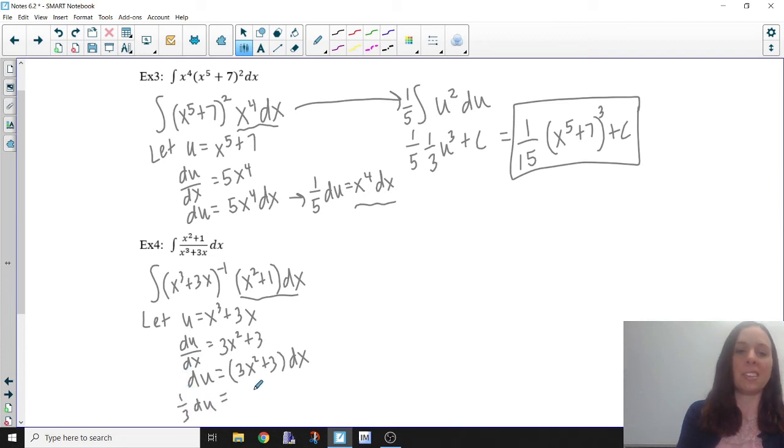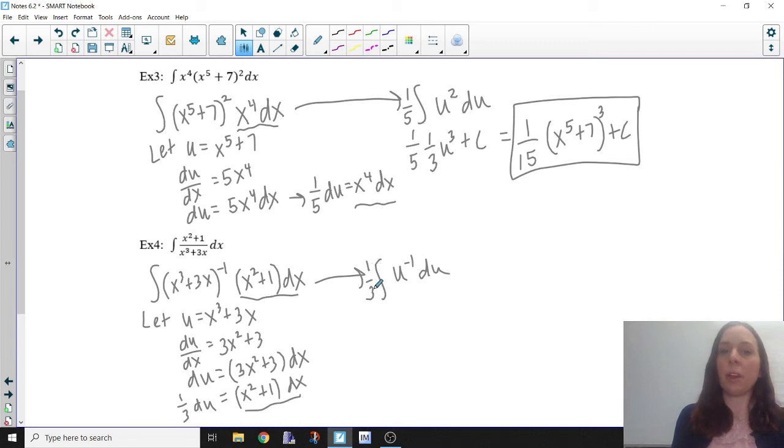If we multiply both sides by 1/3, we would get x squared plus 1 dx, matching what we have up here in our integral. So this equation tells us to change x cubed plus 3x to u to the -1. This bottom equation tells us to change x squared plus 1 dx to 1/3 du.